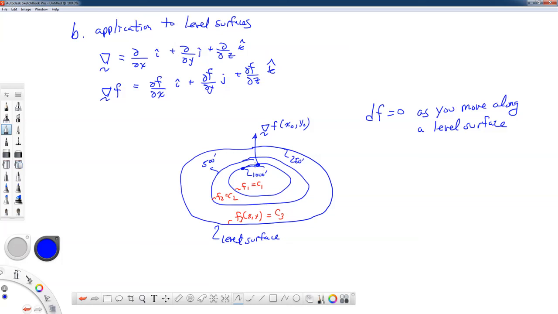So we can think of a unit tangent that goes along this path here. Maybe that's t. And the gradient represents the path of maximum change.